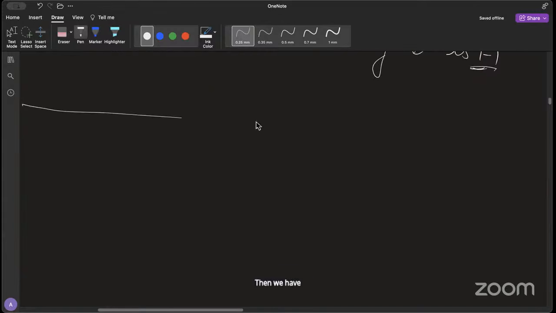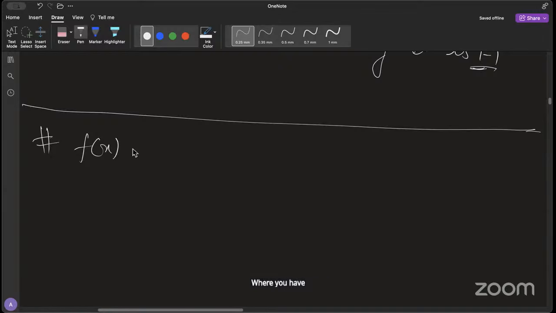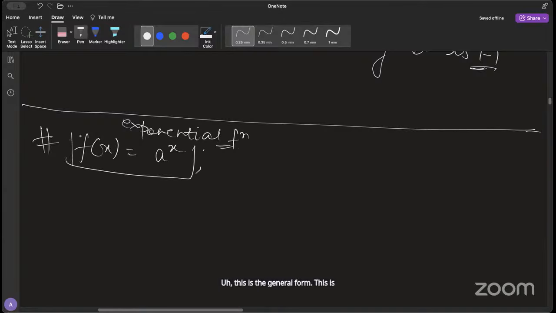Then we have the exponential functions. Exponential functions are of this kind, where you have f of x equals a to the power x. This is called an exponential function. This is the general form for an exponential function.